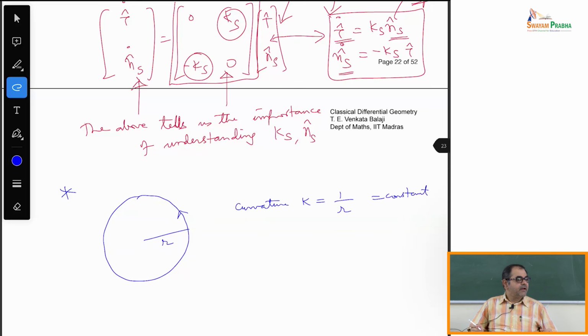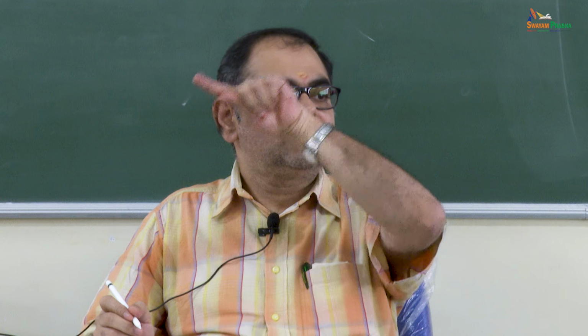Now what I am going to do is go once around this circle and calculate the total curvature. What is the total curvature? I have to integrate over the circle, which means I have to integrate over the arc length of the circle. Integrating along the circle is integrating along the arc length.